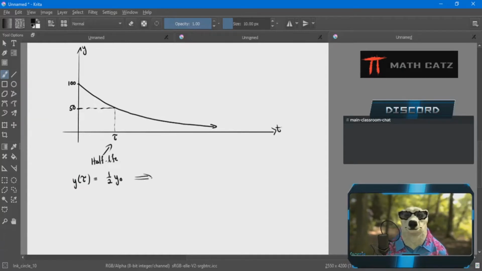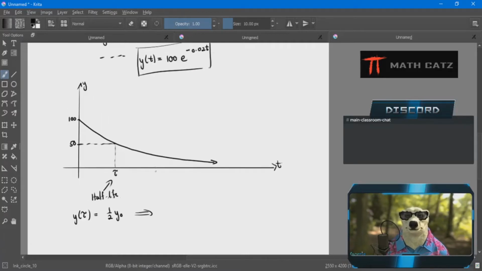Which means that if I go into my function up there and plug in tau, I don't necessarily know what I start with. I could start with 100, I could start with any amount. E to the, let's stick to an example for k, just to keep track of where it goes, now tau, and it's a 1/2 y0.